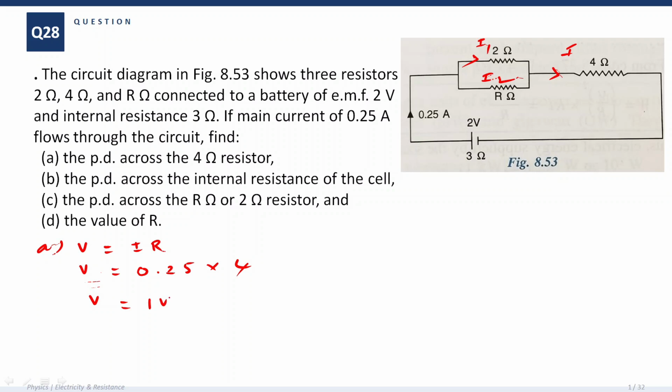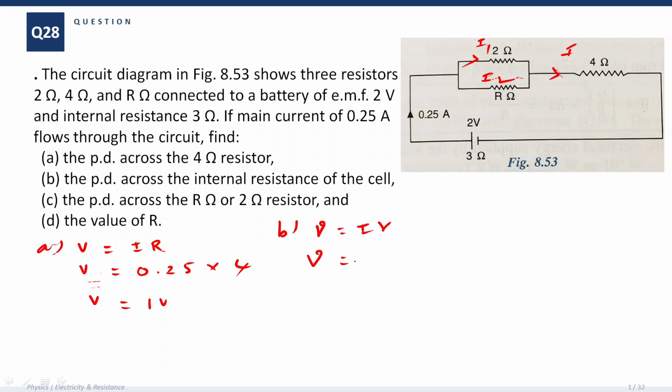This is the first one. The second one, the potential difference across the internal resistor. I mean we need to find the voltage drop here. Voltage drop small v equal to I into small r.